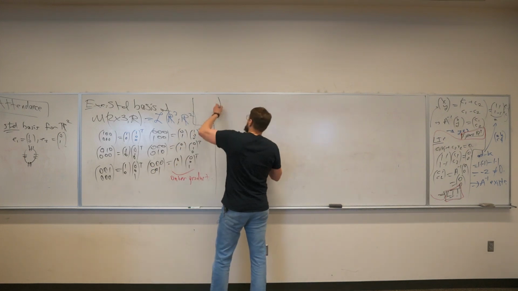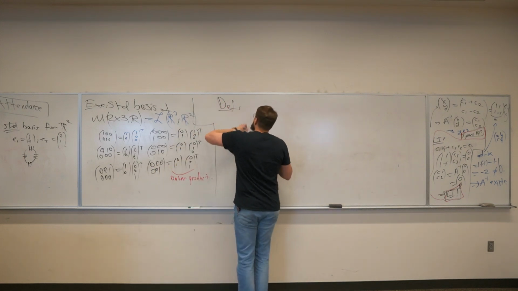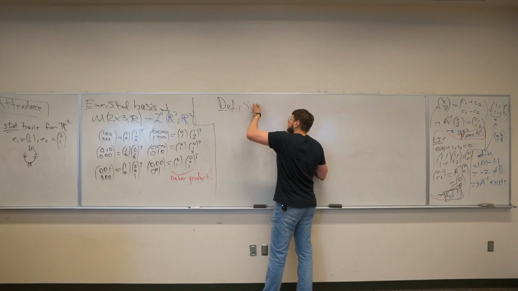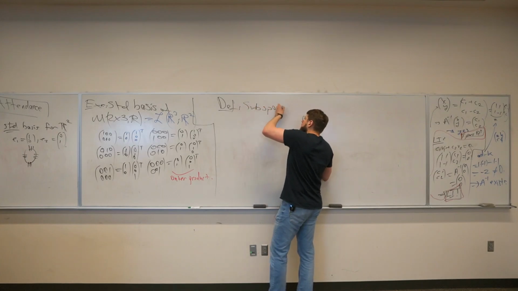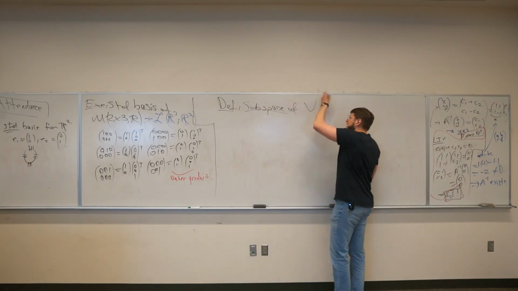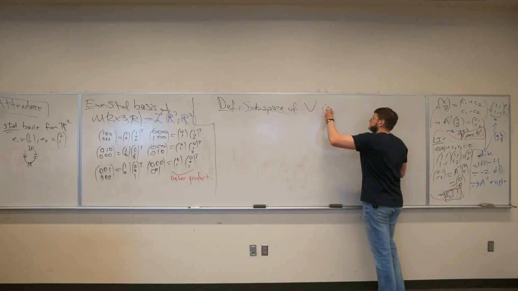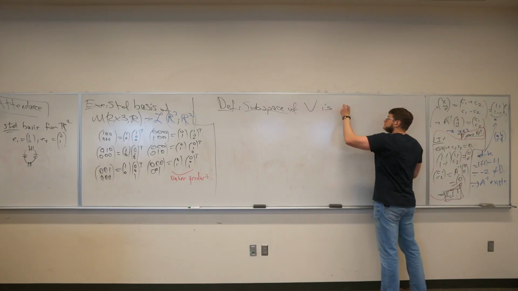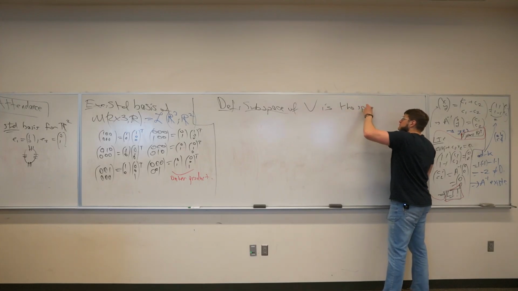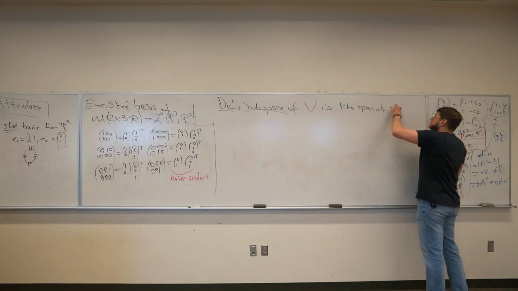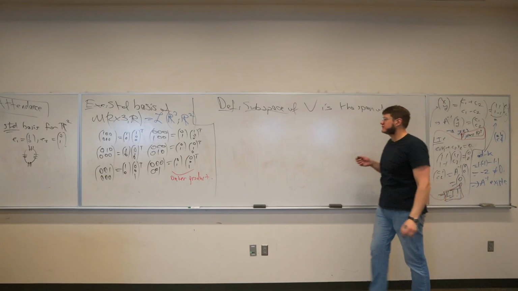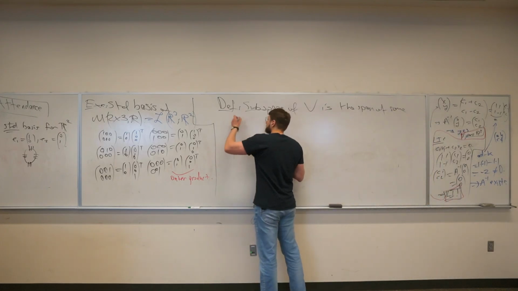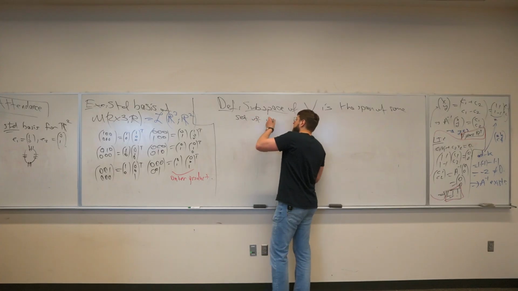So, definition: a subspace of V, a vector space, is the span of some set of vectors in V.